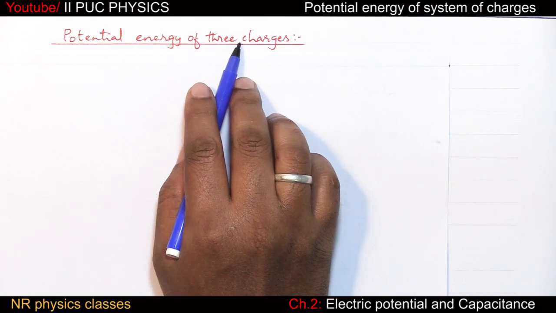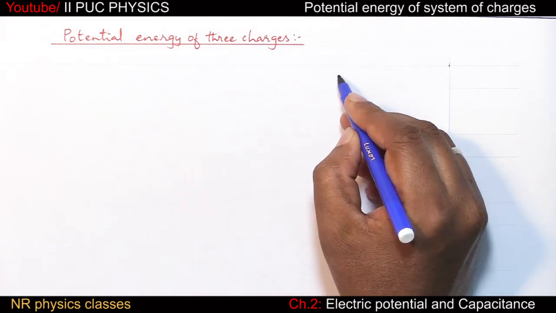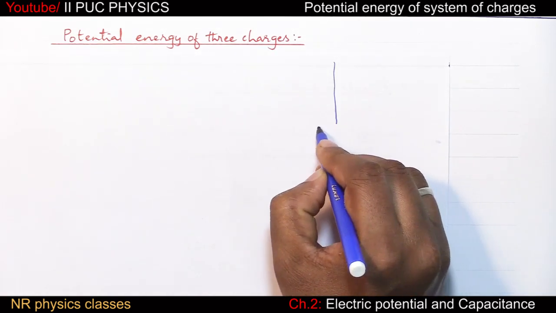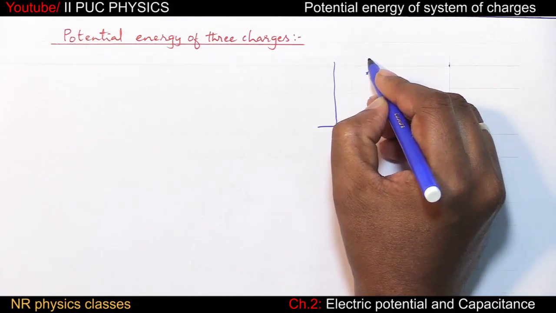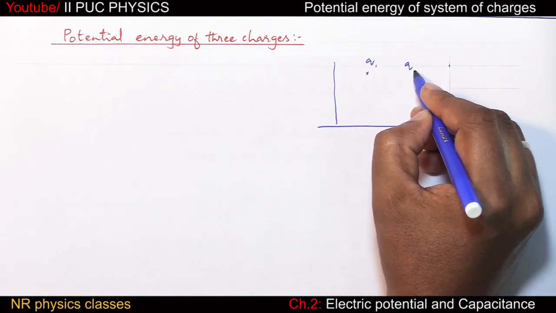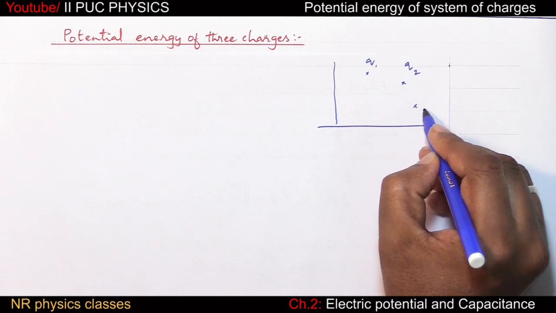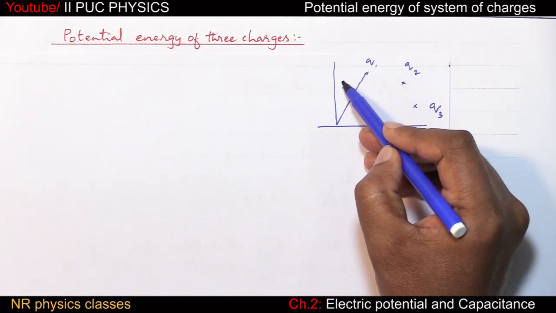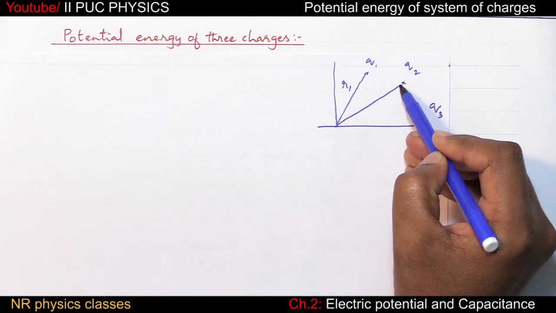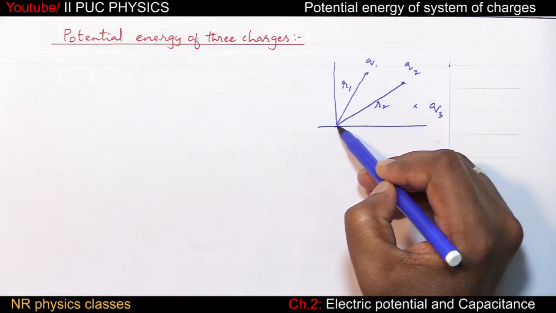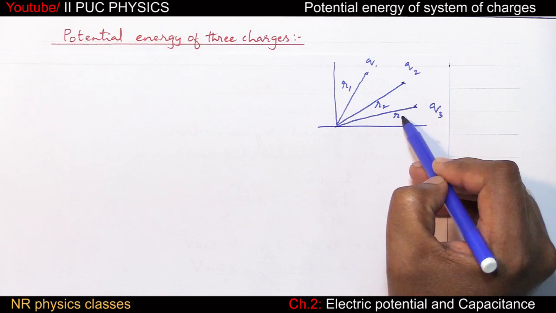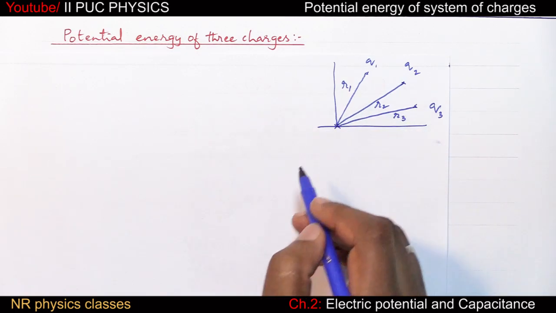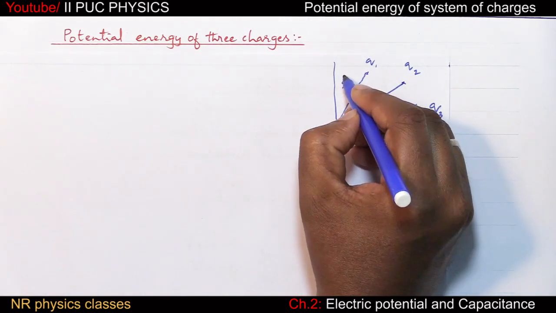Potential energy of three charges. Consider three charges Q1, Q2 and Q3. Their position vectors are R1, R2 and R3 with respect to the origin. These are vectors.